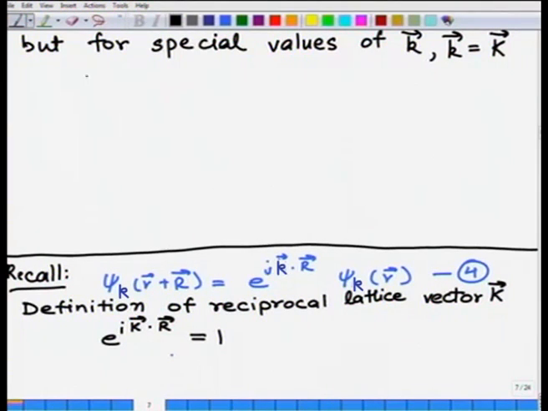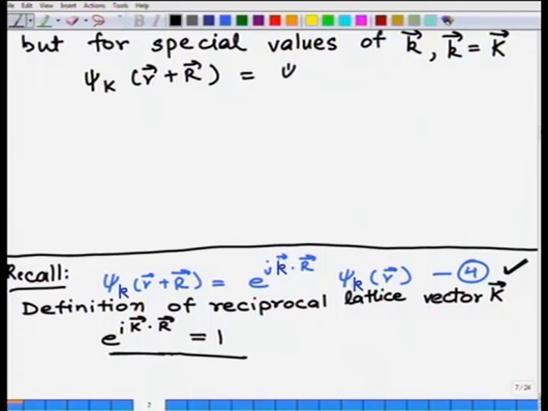Now, for these values what will happen? If you substitute capital K in this equation number 4, then you remember the definition of the reciprocal lattice itself was that e to power j capital K dot capital R was always 1.